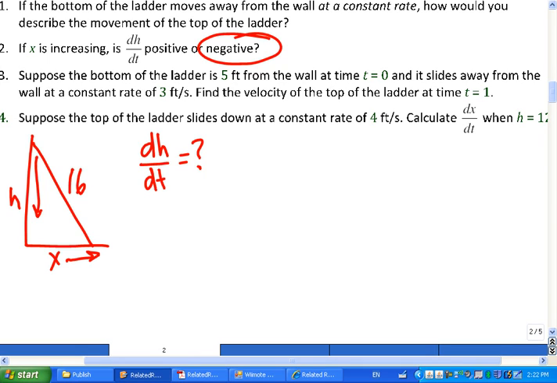Yeah, that's right. So with the Pythagorean theorem, we're doing implicit differentiation. We don't need to do square roots. We can simply say 16 squared equals h squared plus x squared.